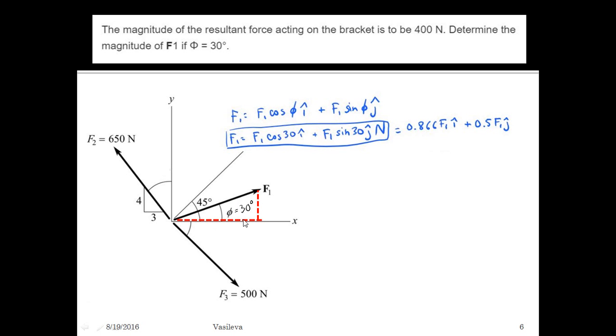That will give us this section, and in order to get the y component, we do sine of 30. That'll give us this section. So F1 cosine 30 plus F1 sine 30, and that'll give us 0.866 F1 in the x direction plus 0.5 F1 in the y direction. So this is the Cartesian vector for F1.